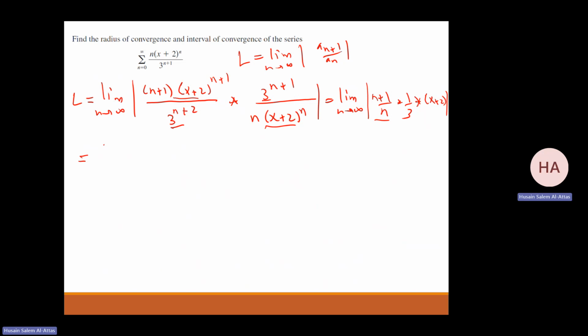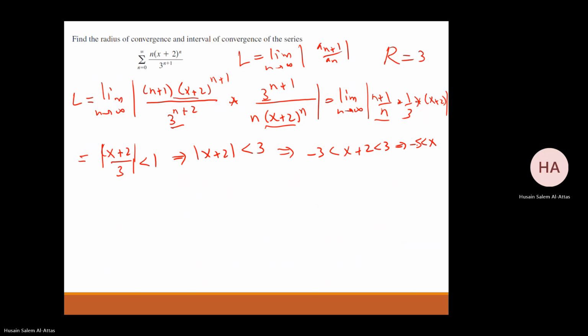So the limit will be x plus 2 over 3. I want this to be less than 1. So I have absolute value x plus 2 less than 3. So r equal 3 in this case. Okay. Find the interval x plus 2 between minus 3 and 3. Or I can say x between minus 5 and 1.